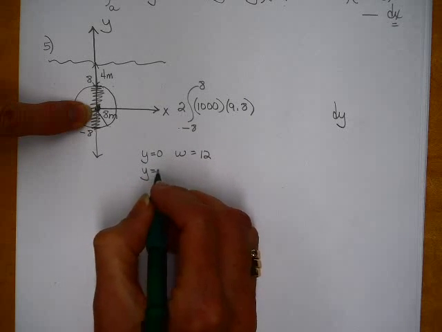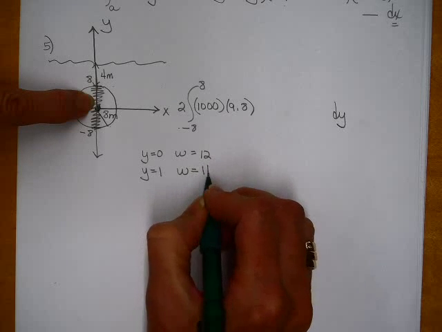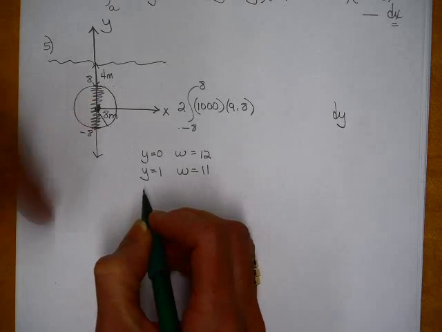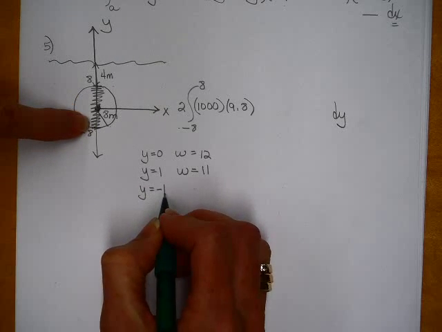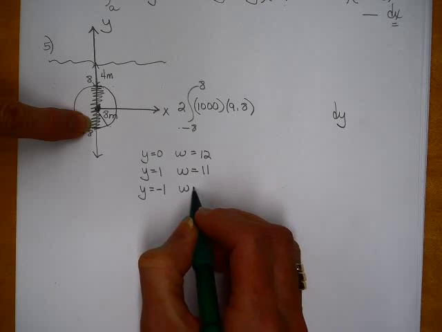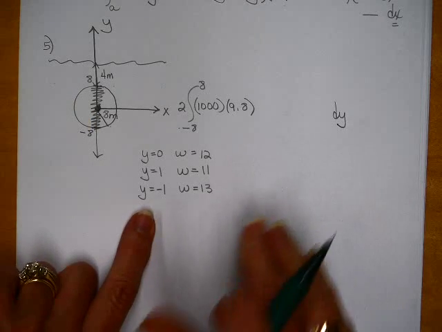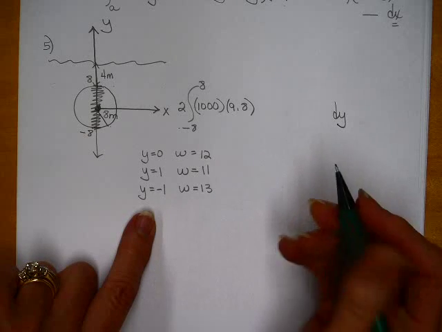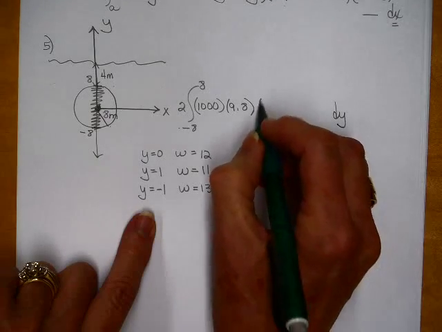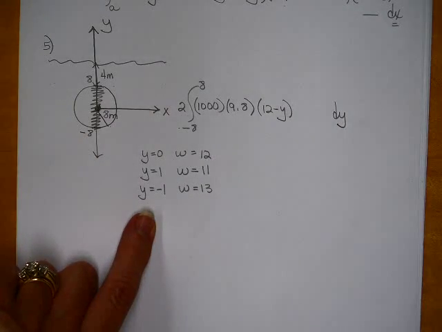All right, when y is 1, if I move up 1, how deep is that water? 11. What if I move down? Because I have to move down on this shape. What if y is -1? How much water is above me now? 13. So what kind of expression can I write with y for the depth of my water? Okay, 12 minus y. Does everybody agree that that's going to work?